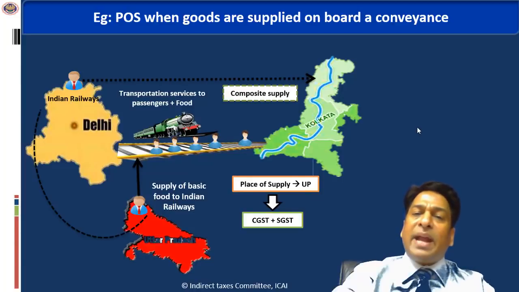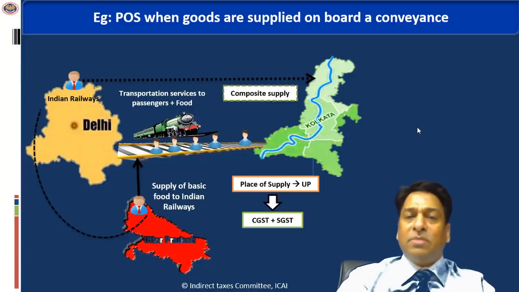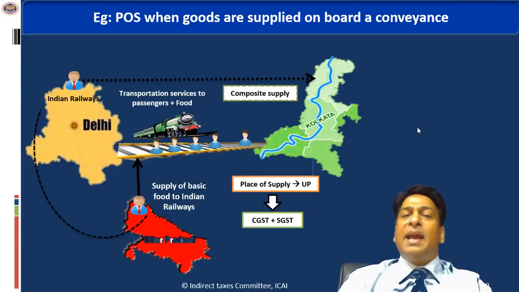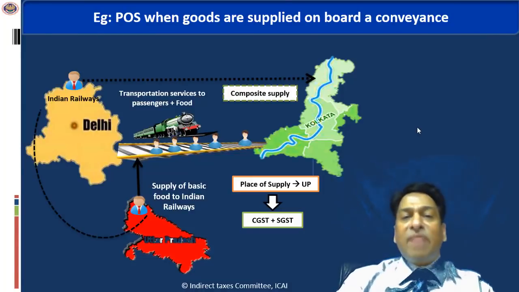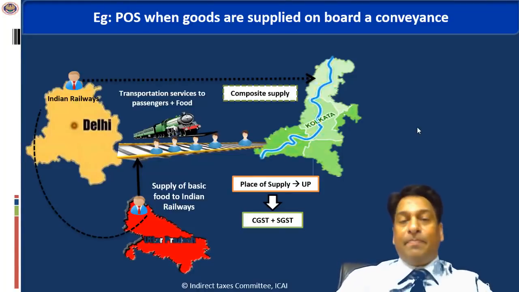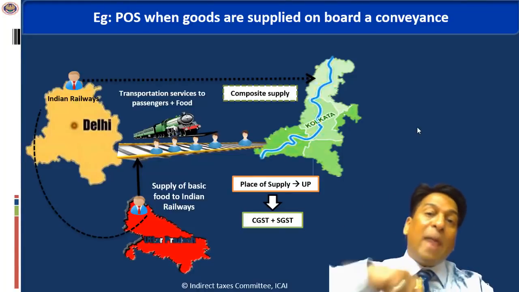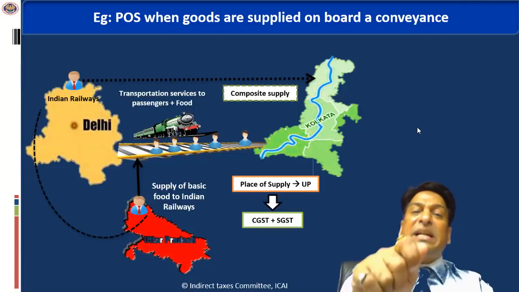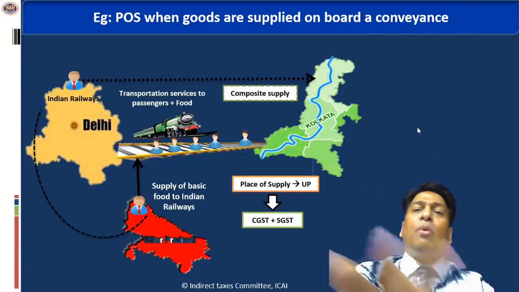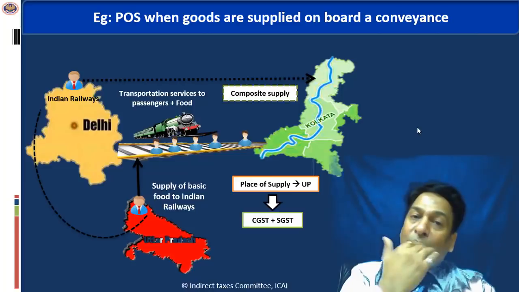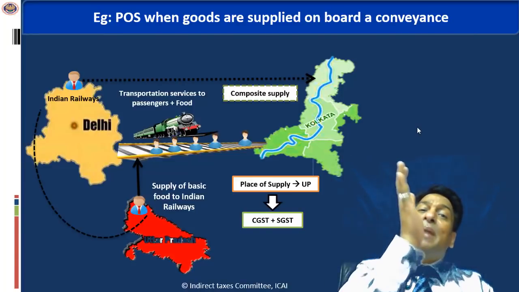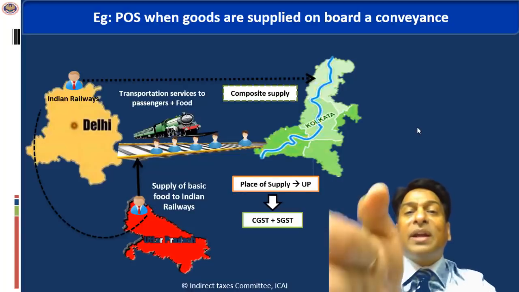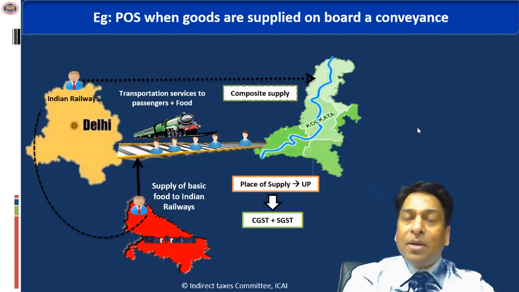So a vendor is located somewhere in Allahabad, in the state of UP, and they are supplying these goods on board a conveyance to Indian Railway at Allahabad in UP. I have to go back in the shoes of that vendor who is supplying goods on board a conveyance. What does the provision say? Place where such goods are being loaded on board a conveyance. So it is Allahabad.